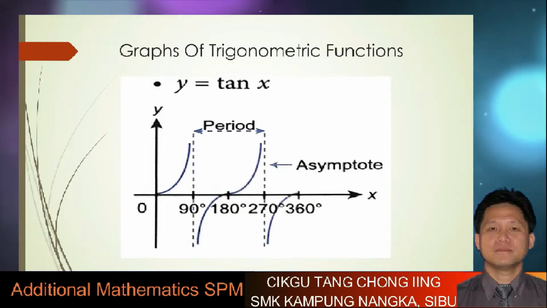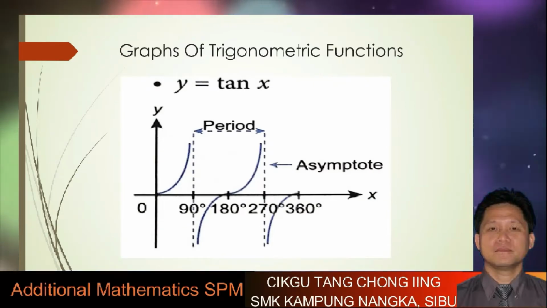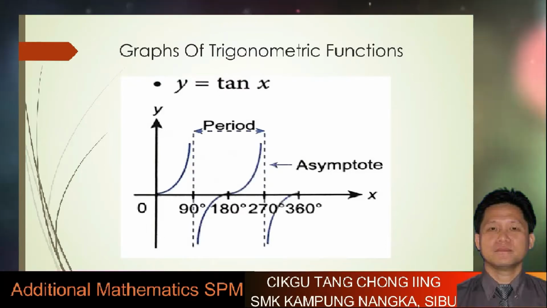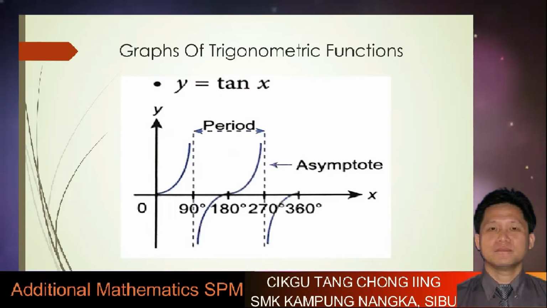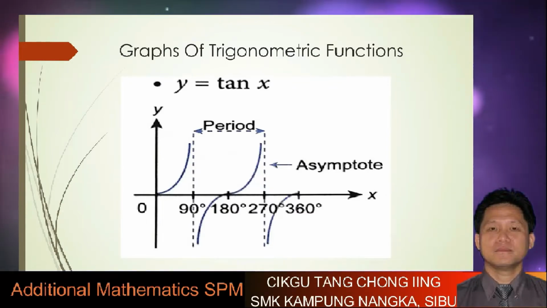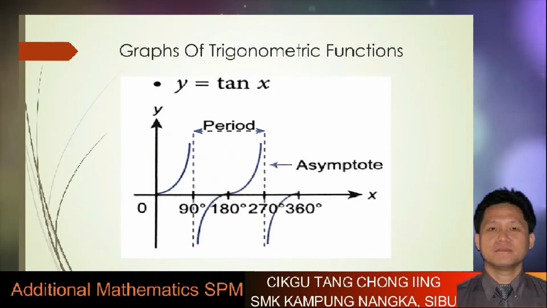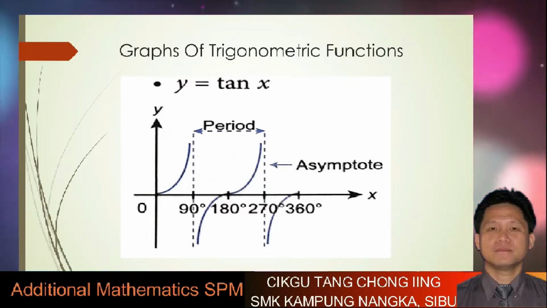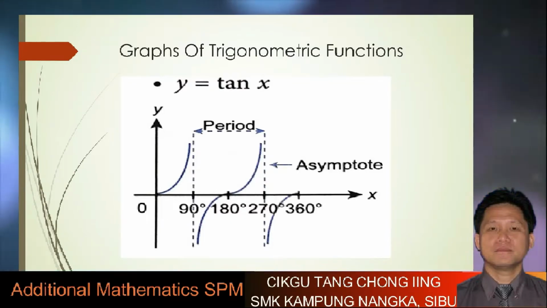This is the graph y equals tangent x. The graph y equals tangent x is a periodic function and the shape of the graph repeats in each period. But for y equals tangent x, one period is equal to 180 degrees or pi radians.